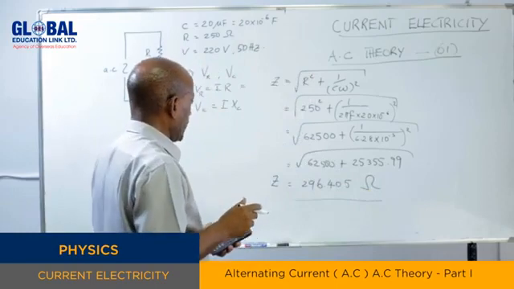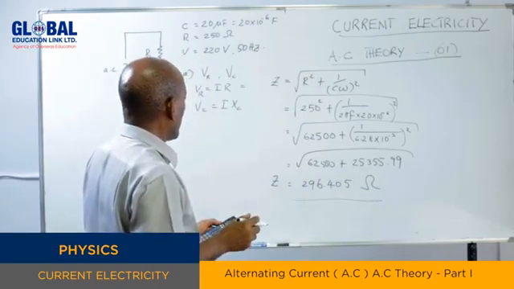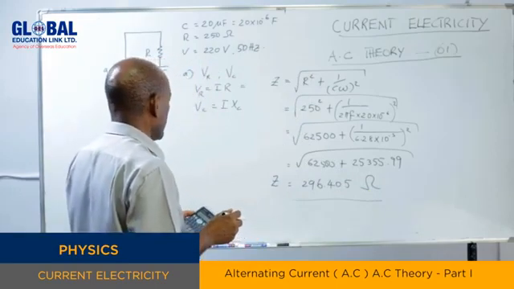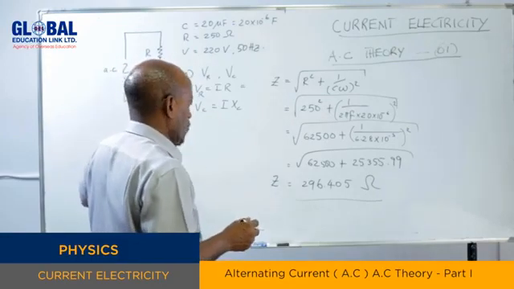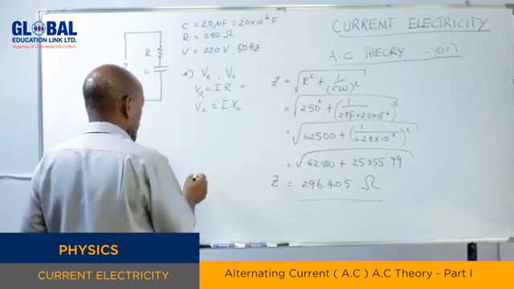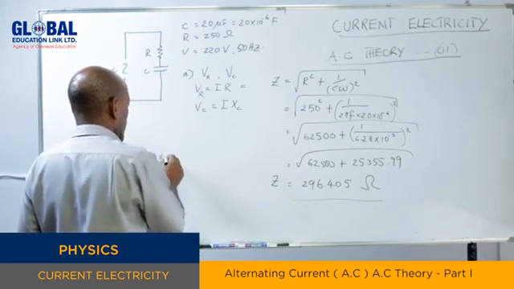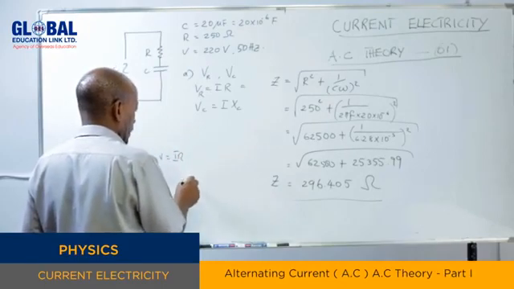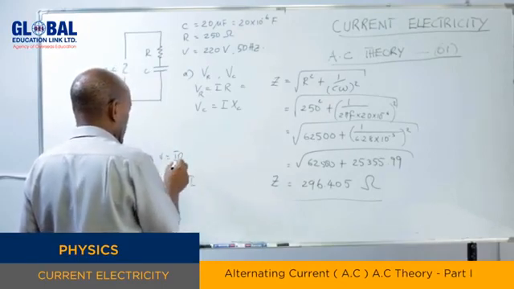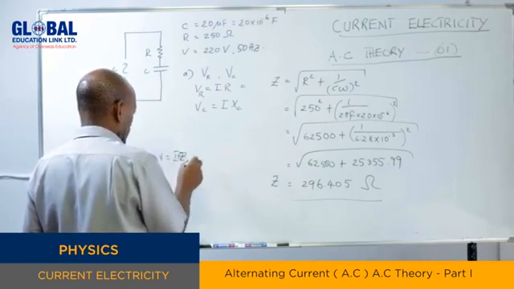This is the impedance for the whole circuit. To get the current, we know from Ohm's law that V equals IR. So the current I, instead of R, it's just the impedance.